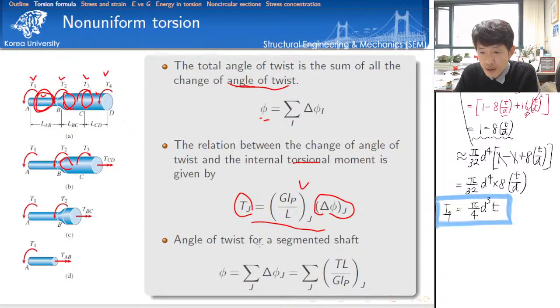To calculate the total angle of twist of the problem, we just superpose all the contributions of angle of twist from the individual segments. Then finally we can obtain this. It's so simple, isn't it? So the basic principle is exactly the same as before, as we discussed in chapter 2. No difference, same.